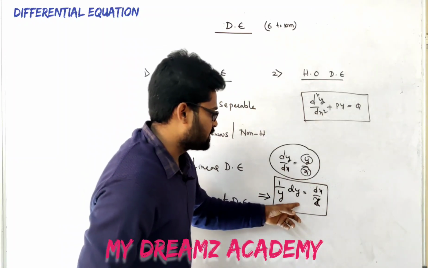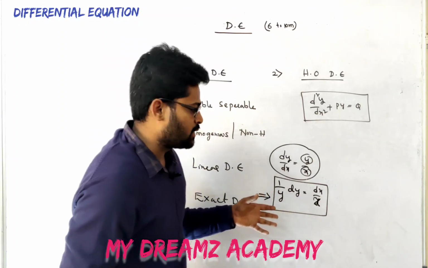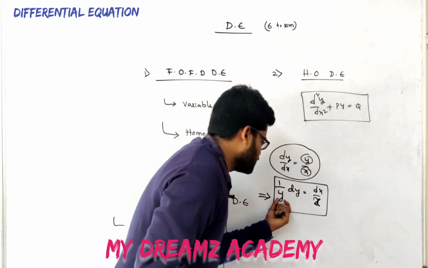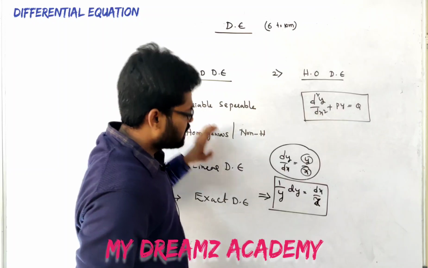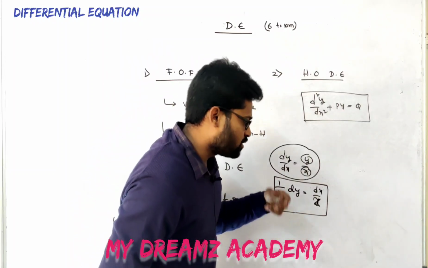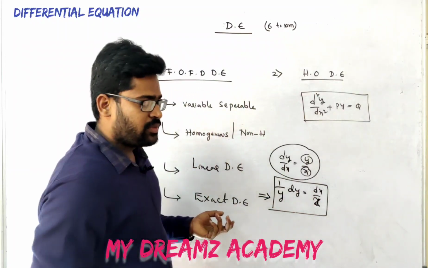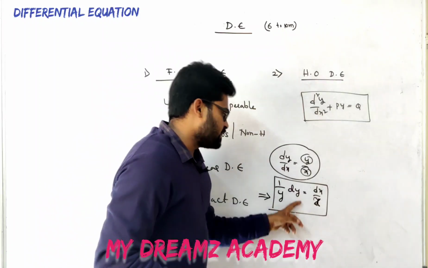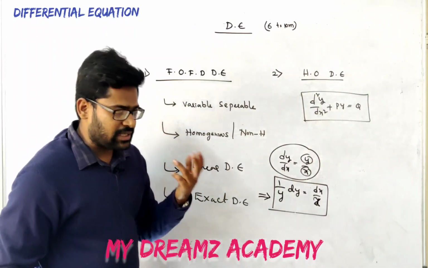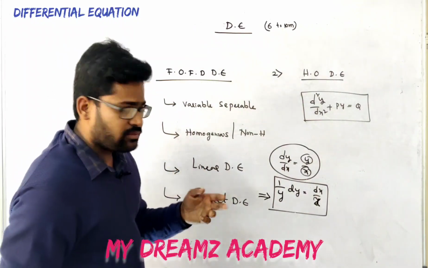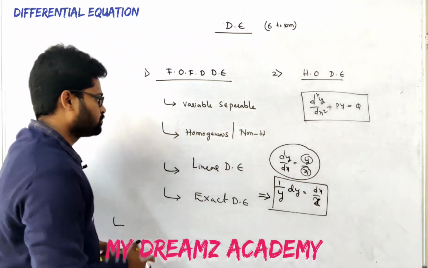How can I tell? The y variables are on one side and the x variables on the other side, so it comes under variable separable form. This question can also be solved using other methods, and we'll see later how to deal with the same question using different methods, which method is suitable, and which will give an accurate solution in less time.